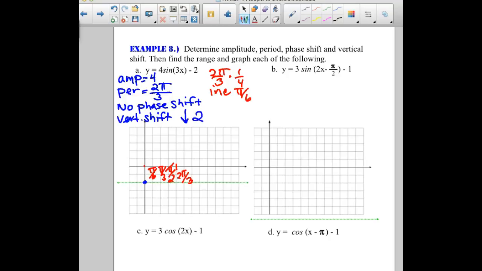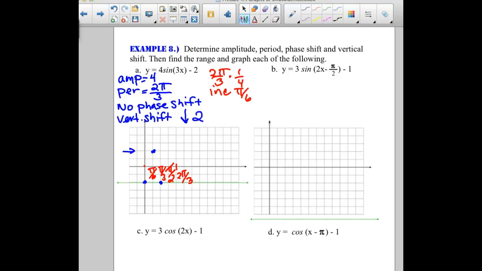Okay, well, what is our high point? We have an amplitude of 4, which means from that dotted line, we need to go up 4. So if we go up 4, we're up here at +2. So that's my high. Okay, then I go back to 0, my new 0.